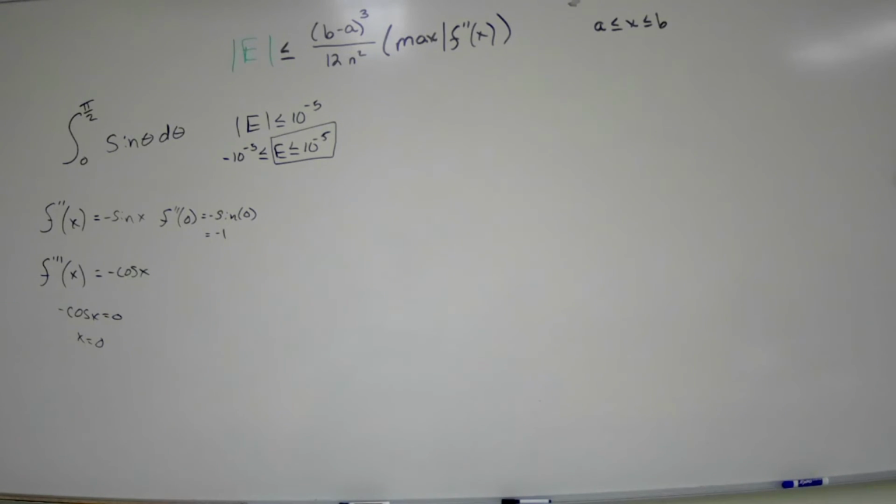Is it negative 1? Sine of 0 is 1. Multiplied by negative 1 is negative 1. I'm having a bad day. On my paper, it's supposed to be 1. Negative sine of 0?